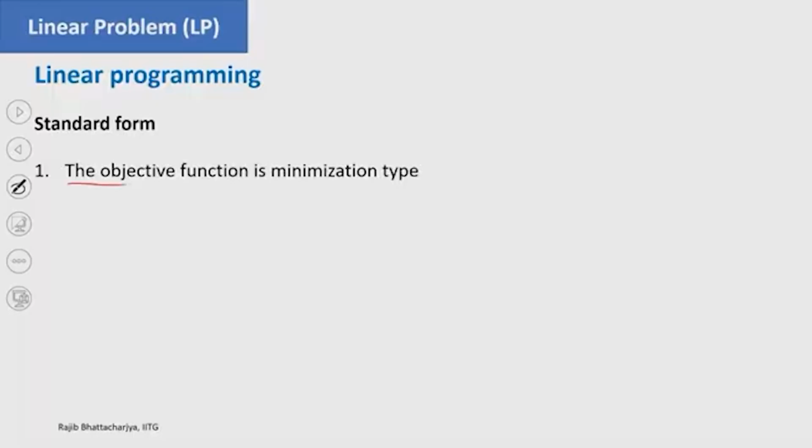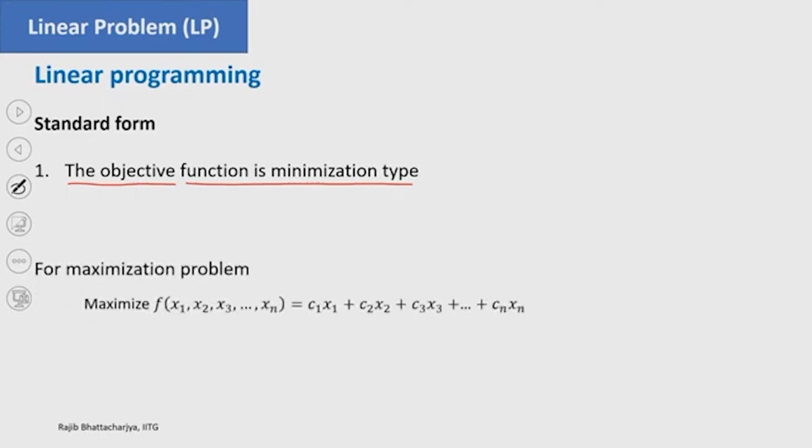So, the first condition is the objective function should be of minimization type. Now, what will you do? For a maximization problem, suppose your problem is maximize C1 x1 + C2 x2 + C3 x3 + ... + Cn xn. You have to convert your objective function to a minimization type function.